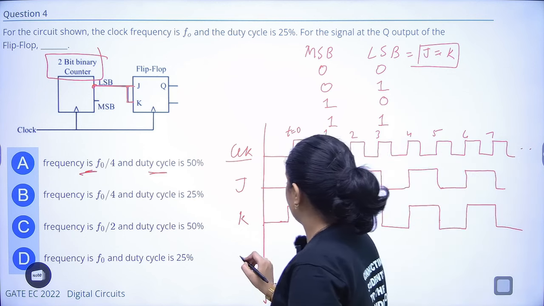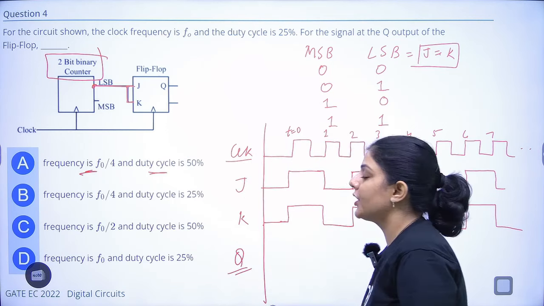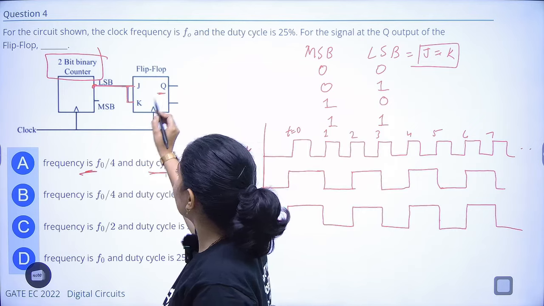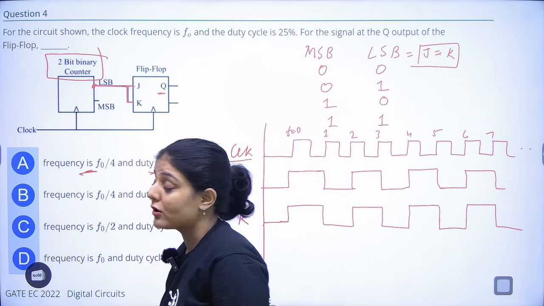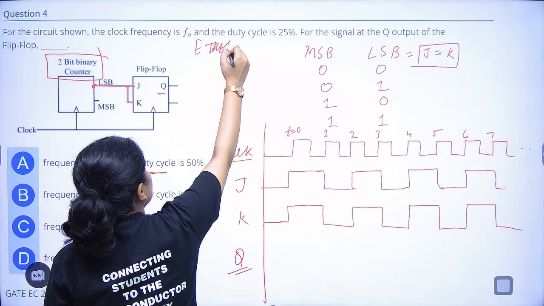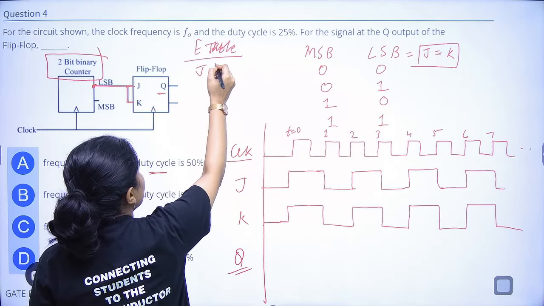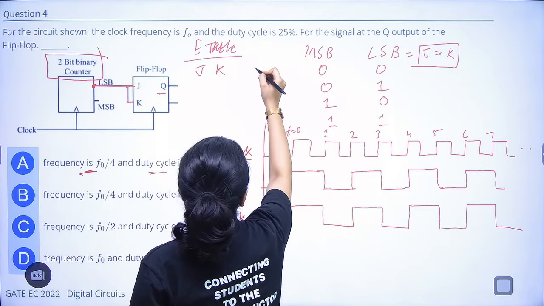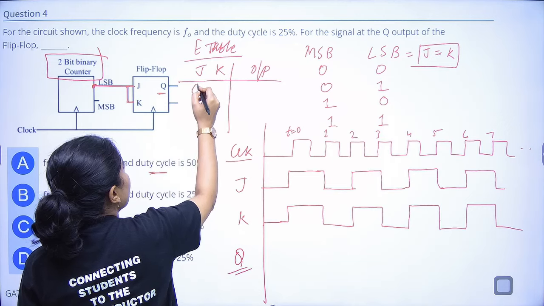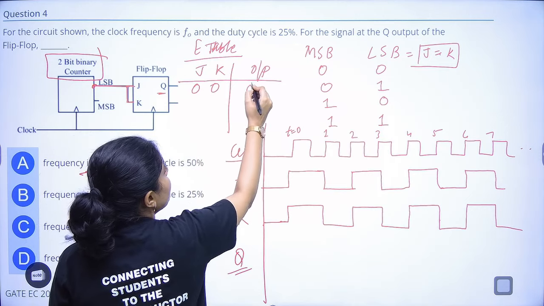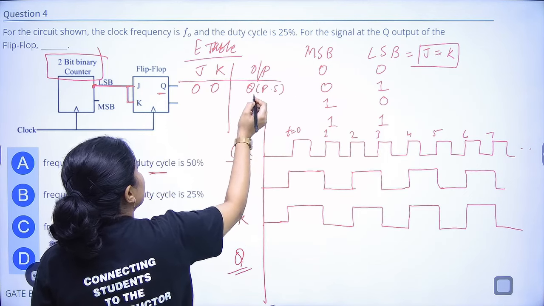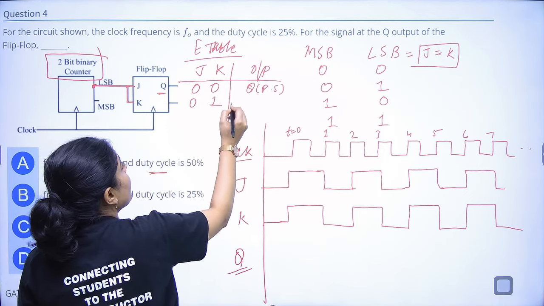Now the output Q. In order to find output Q, we should know the excitation table for the JK flip-flop. So here I am writing the excitation table for the JK flip-flop: J, K and output. When JK are 0, 0, the output is the previous state, Q. When it is 0, 1, the output is 0.